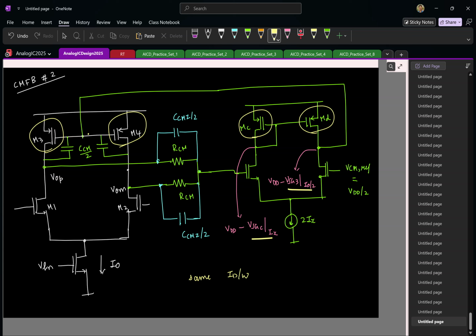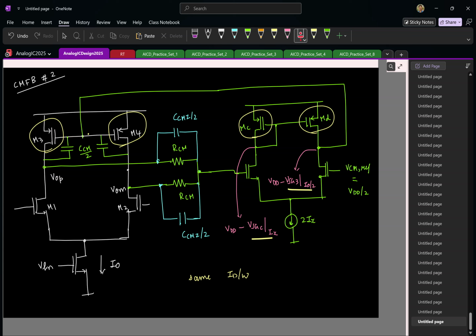Because remember, if I fix the length and one of the parameters, everything is frozen. So here, all of them will have the same length and same VSG, which means current density, all other gm by ID, will be the same. So same thing we saw for a 2-stage OTA will hold good here. So when you are designing the CMFB, this is something you should take into account.